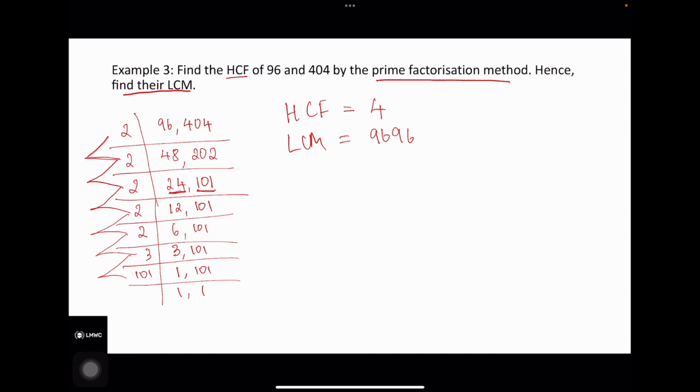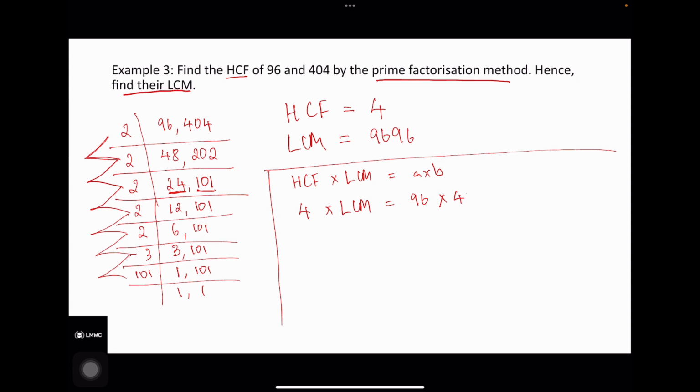Now let's see how much LCM I'm going to get using the formula HCF times LCM equals a times b. So the HCF which I have just found by the prime factorization method, replace it over here. LCM we do not know yet, and a and b are the given two numbers, which are 96 and 404. Since I have to find the LCM, I'll keep it on one side. On the other side, I already have 96 and 404.